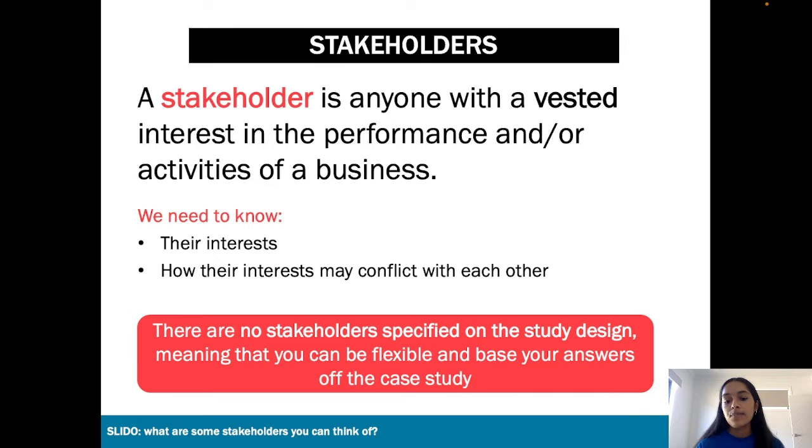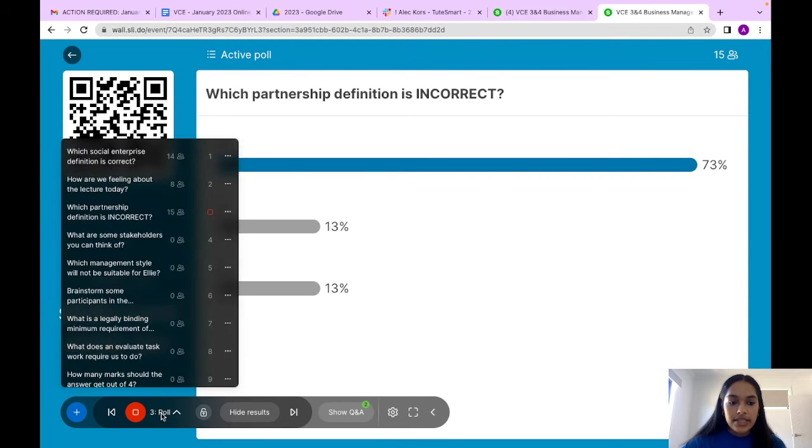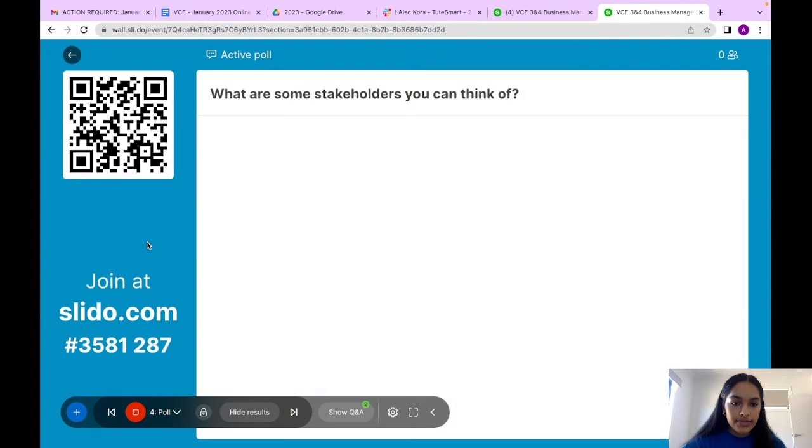Depending on the case study you get, there would be different stakeholders you can pick out, but there are none you definitely have to know in the study design, since it isn't listed. But another Slido activity: try and list some stakeholders that you can think of. Do a little bit of a brainstorm.